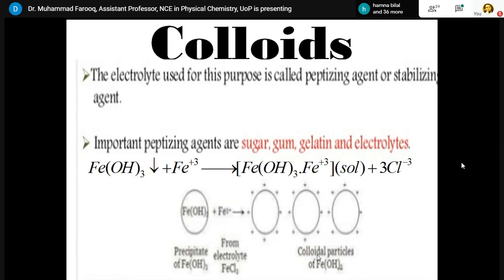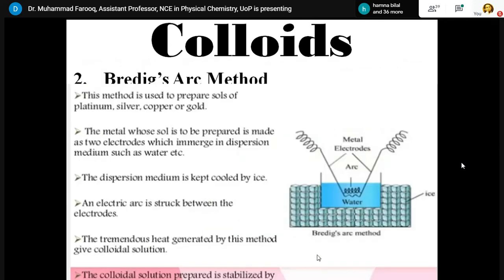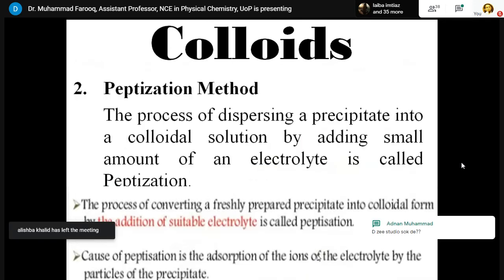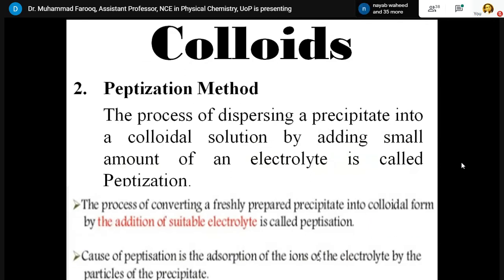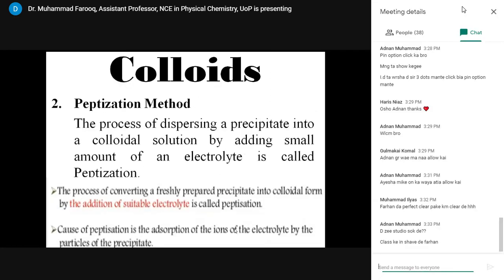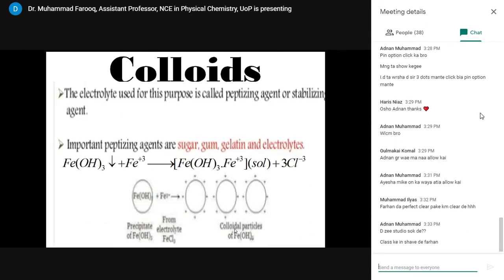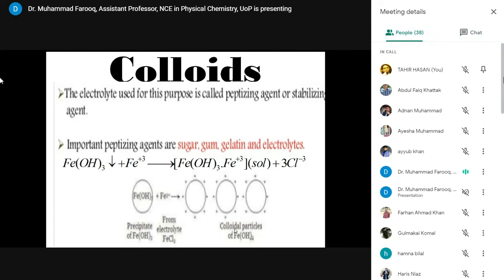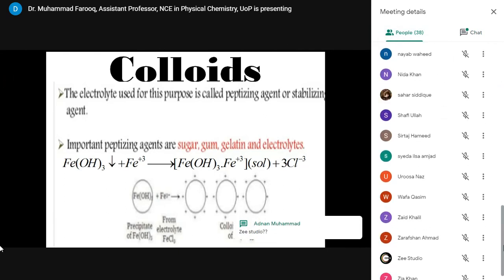The peptization occurs because of absorption of the ions of the electrolyte on the surface of the particles present in the precipitate. This is Fe(OH)3, iron hydroxide. It is gel-like, sol-like, a milky-like solution.